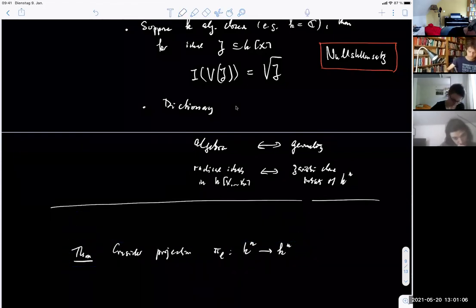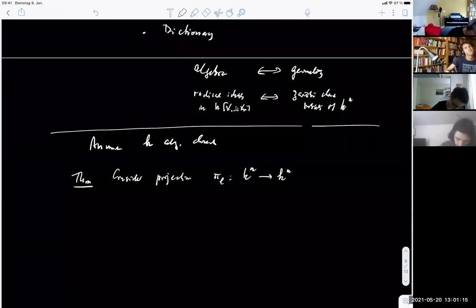What does it do? It just forgets the first L coordinates. So (xi_1, ..., xi_n) is mapped to (xi_(L+1), ..., xi_n). It forgets the first L coordinates.